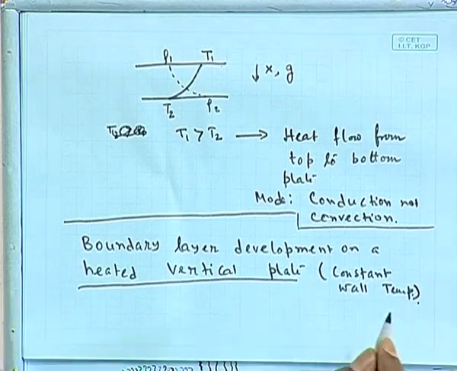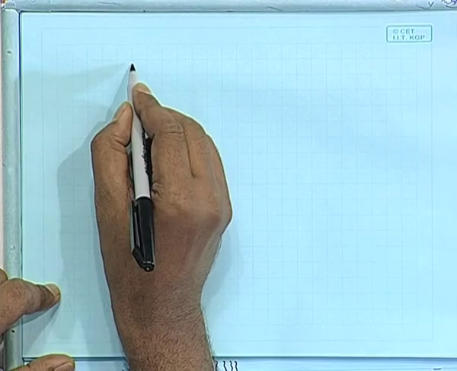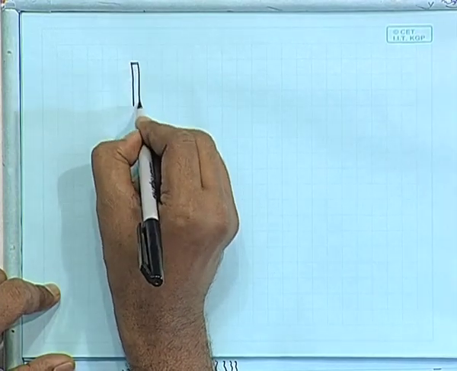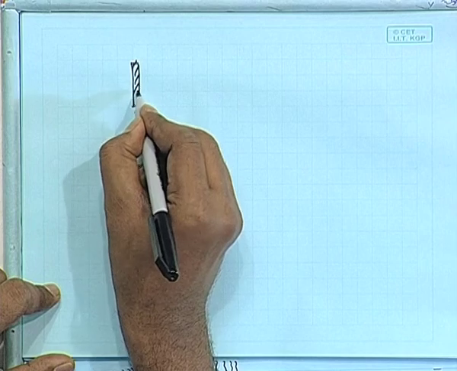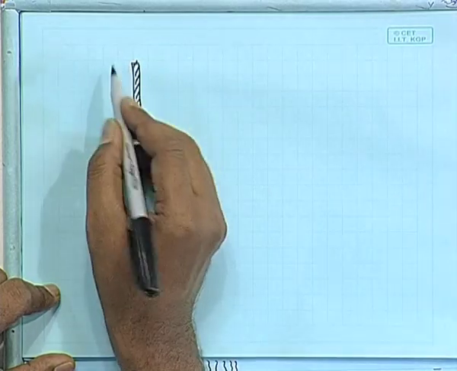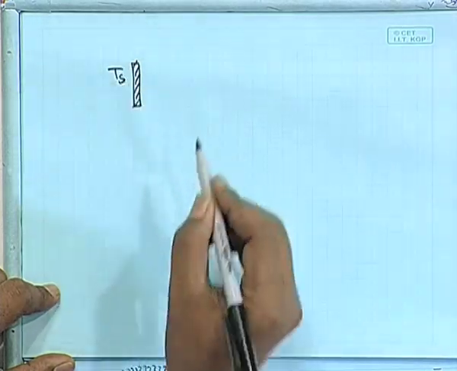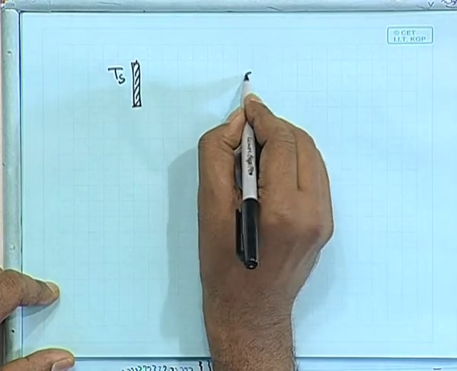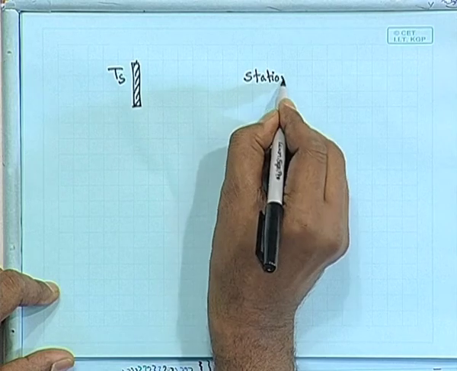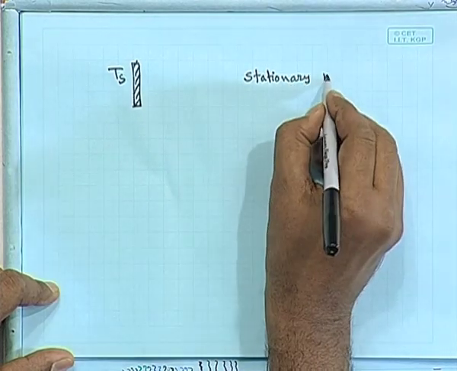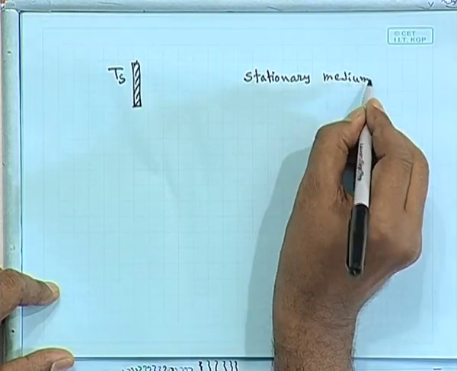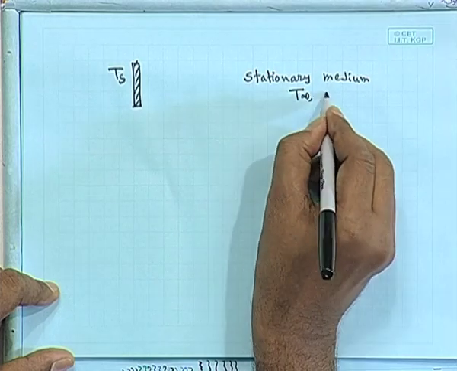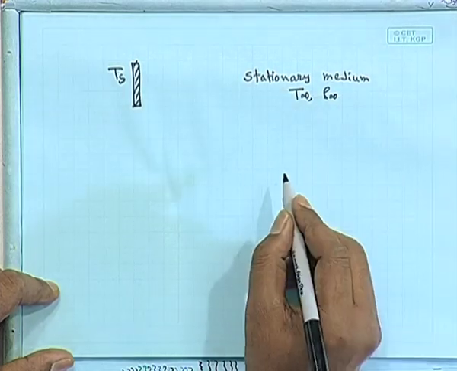There will be a sort of boundary layer. I will draw the diagram, then that will be easier. Suppose you have a vertical plate, something like this, and it has a uniform temperature Ts. You will have a stationary medium outside with temperature T infinity and density rho infinity.